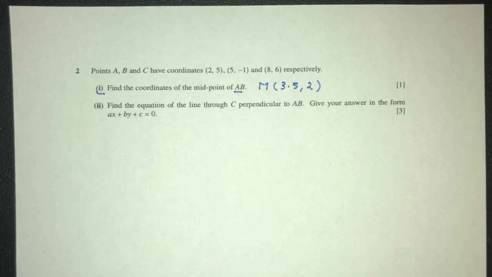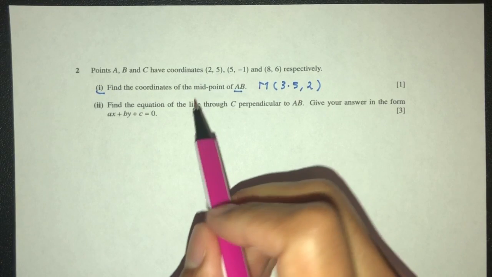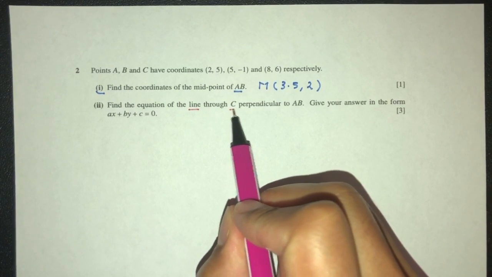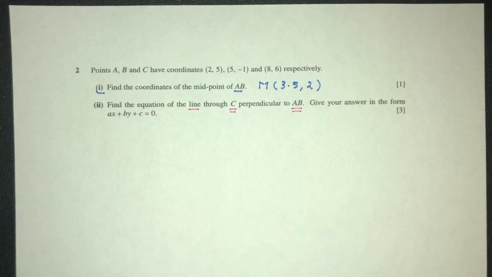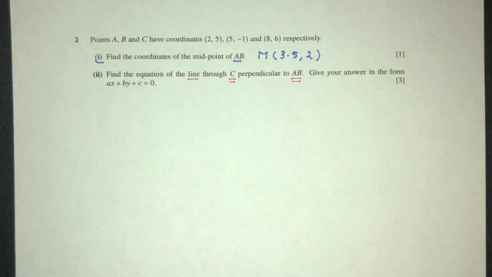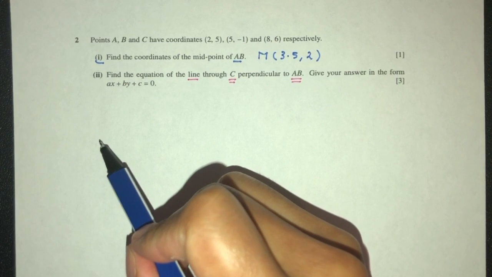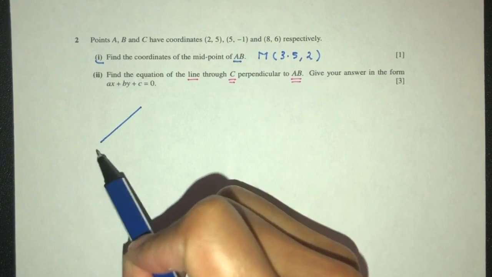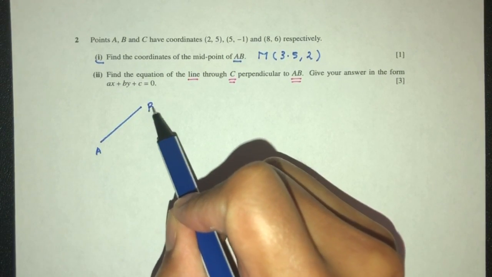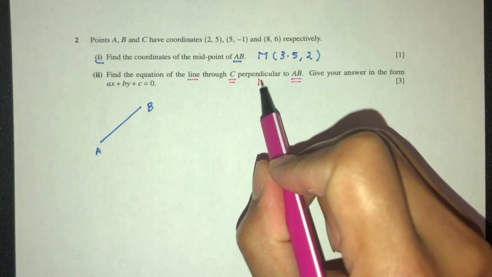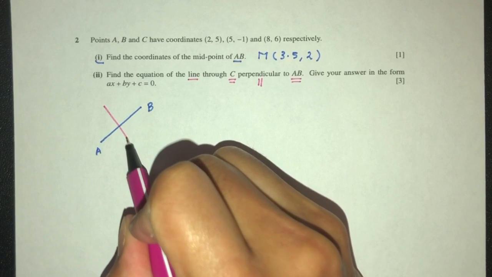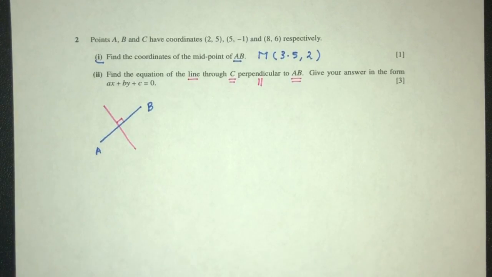Now, part 2, we have to find the equation of the line through C, which is perpendicular to AB. So pretty easy. For example, we have a line AB here, right? Now we know that the line needs to be perpendicular, meaning at 90 degrees to AB.